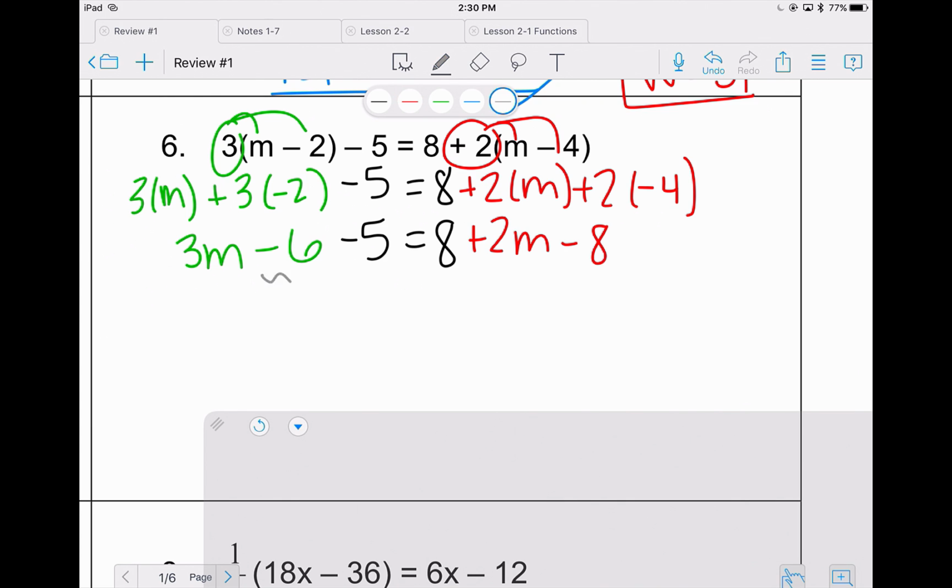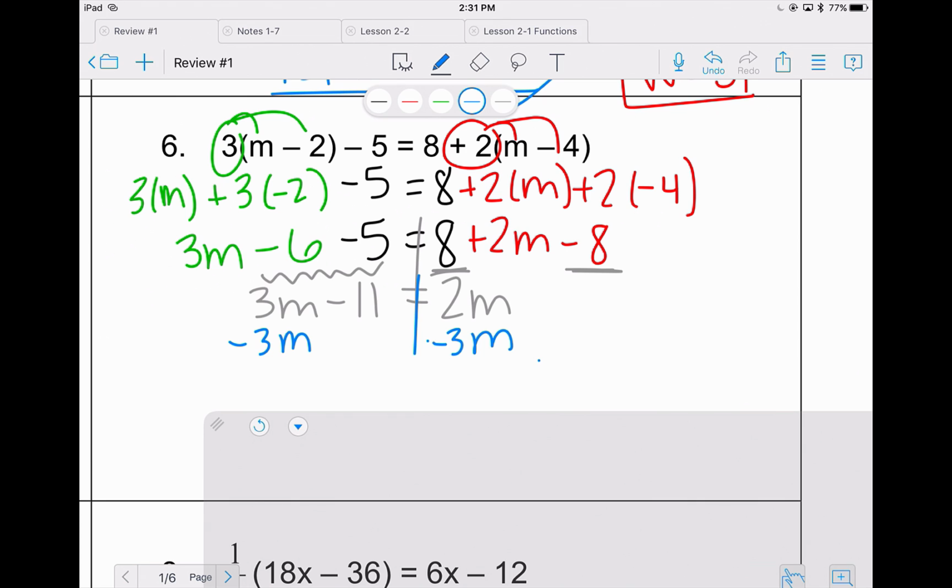From here, I combine like terms. So on the left side, I have 3m minus 11 because negative 6 minus 5 becomes more negative. On the right side, I have 2m, and then I have 8 minus 8, which cancels. From here, I'm going to move 3m to the other side. Yes, it is not the smallest.